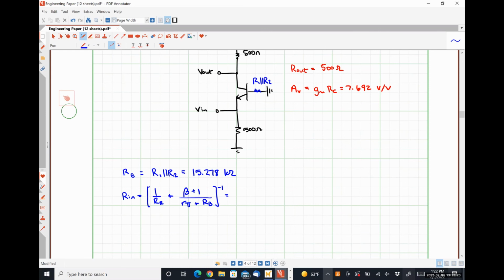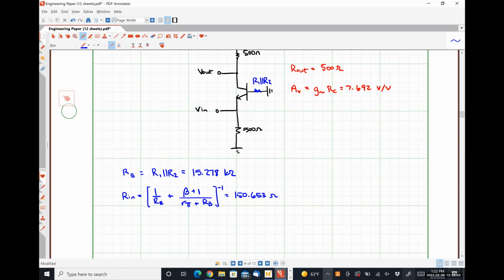So when I plug those numbers into my calculator, I get 150.653 ohms. So the inclusion of a base resistance here made our input resistance increase by roughly a factor of 3.